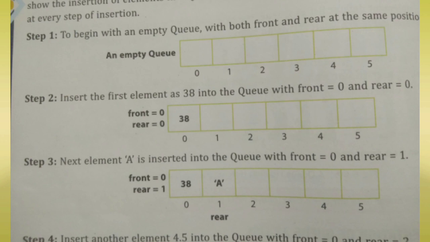So rear equals 1 and front remains 0. Then 38 is inserted at the 0th position, and the character A at the first position.